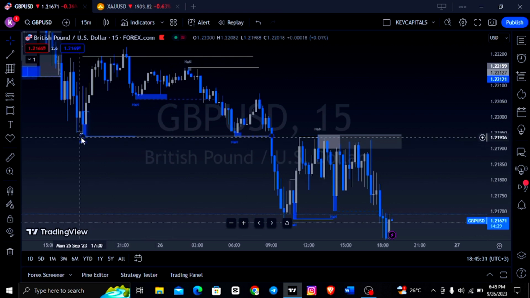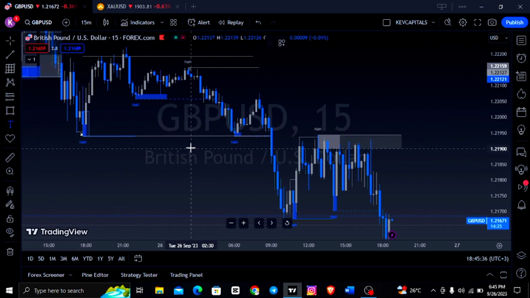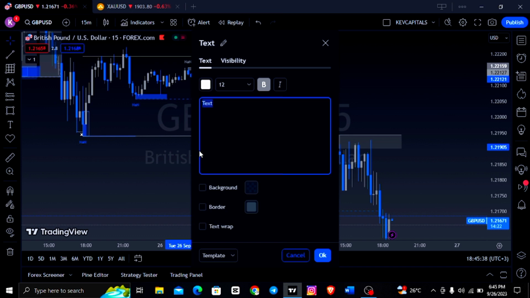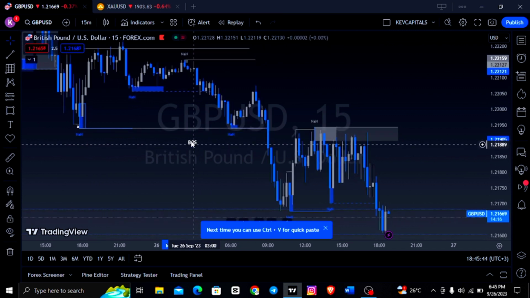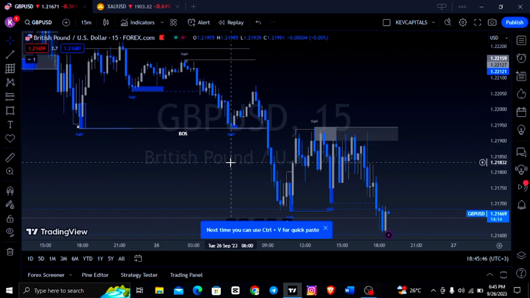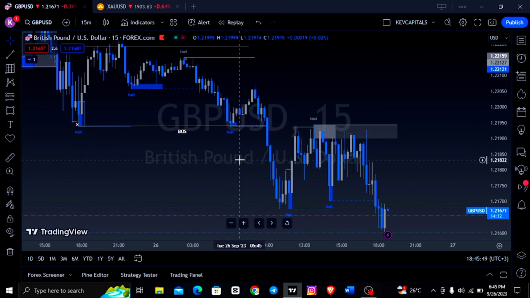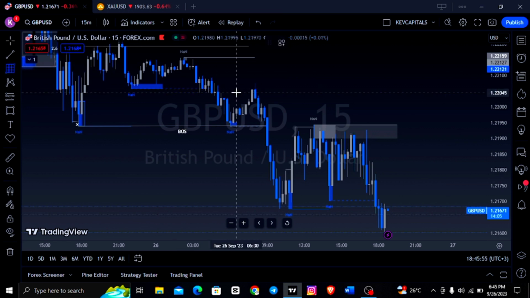So we had a break of structure at this point here. After the break of structure, I had to mark my premium and discount zones as usual.